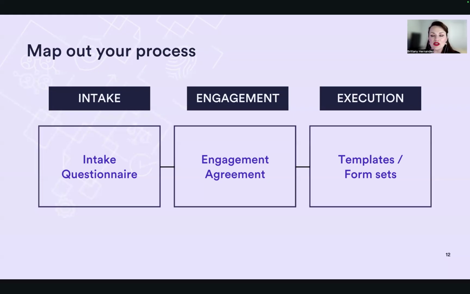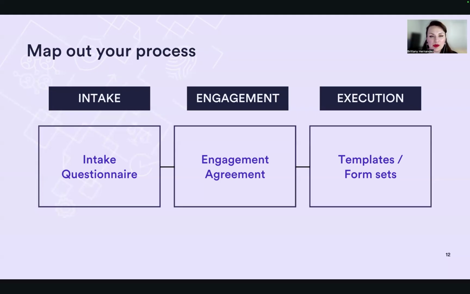And then you have execution, which in my head is now we're actually using our templates and our form sets to fulfill, maybe execution sounds harsher than fulfillment, but we're fulfilling the services that we've been engaged for in the engagement agreement for our client.